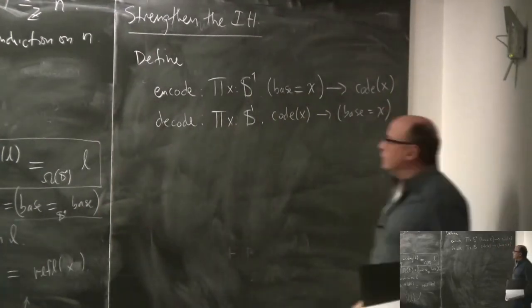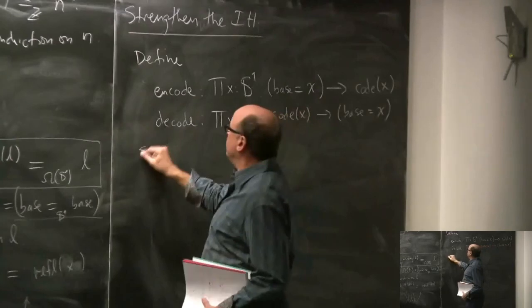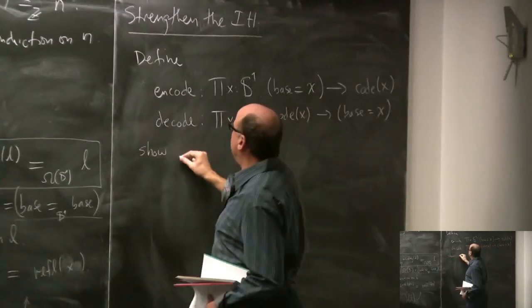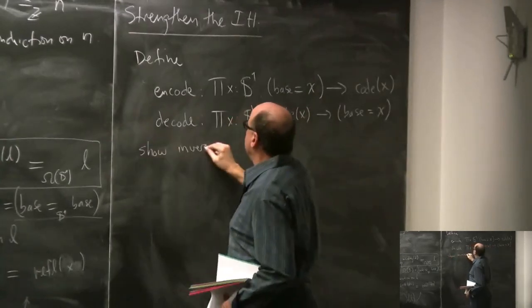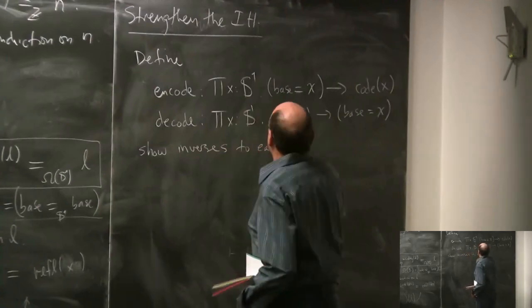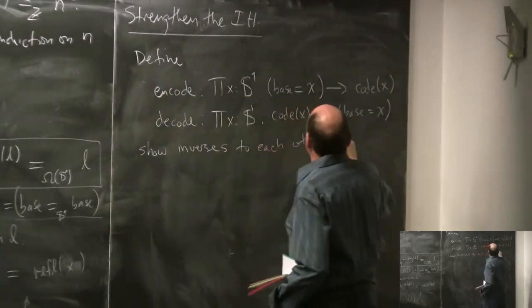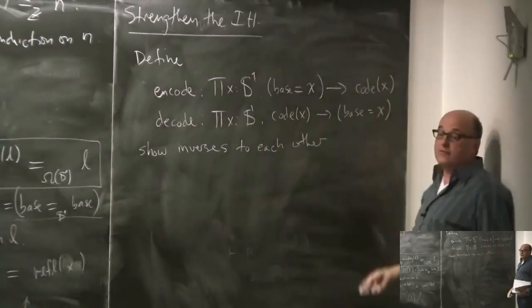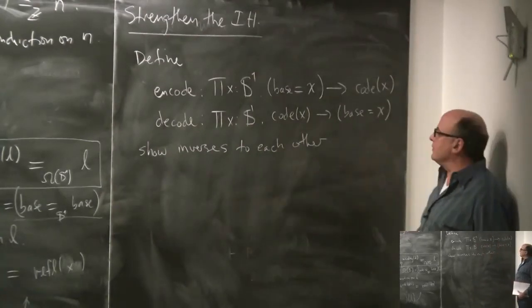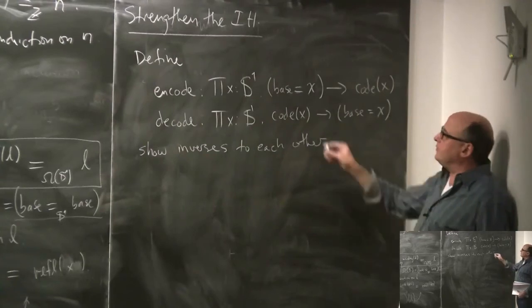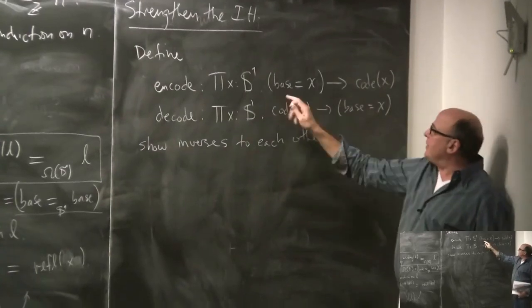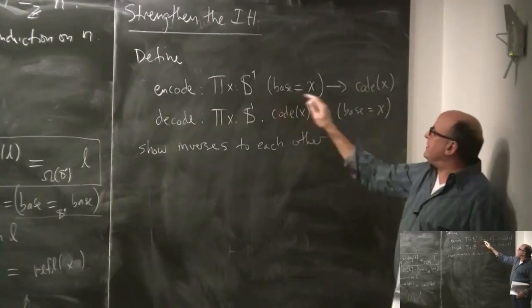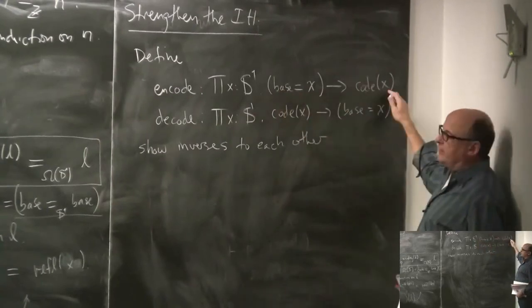And then what we do is we show that these are inverses to each other. That is, for each x, these mappings are inverses to one another. So let's say we establish a pointwise equivalence: for any x, base equals x is equivalent to code of x.